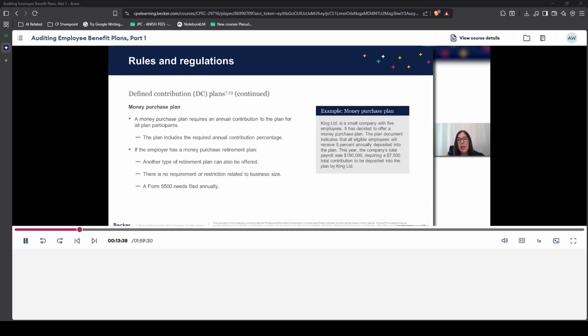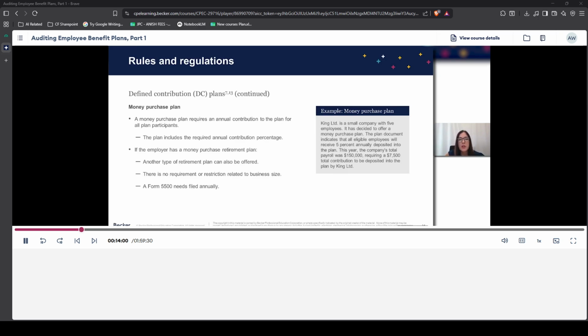Another type of defined contribution plan that you may encounter would be a money purchase pension plan. This is the only defined contribution plan that requires an annual contribution from the employer. All of the other DC plans, the employer contribution can be completely discretionary.